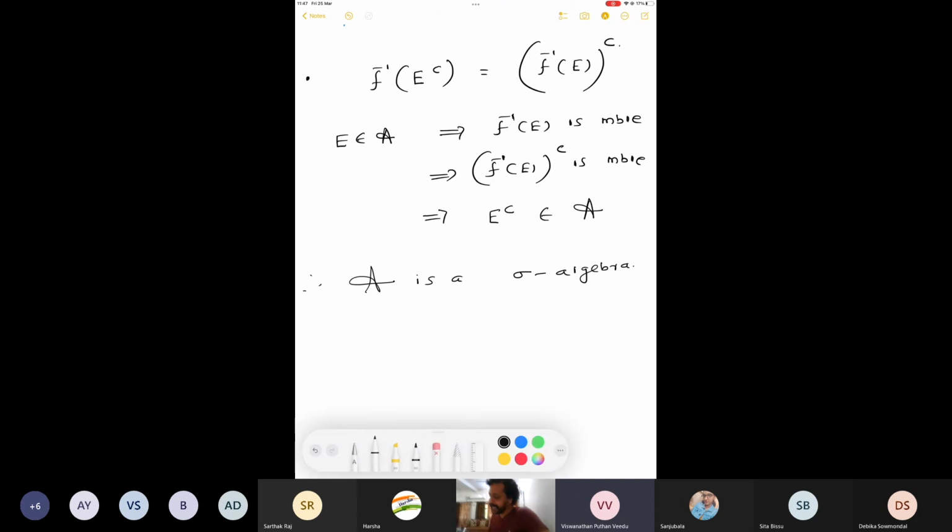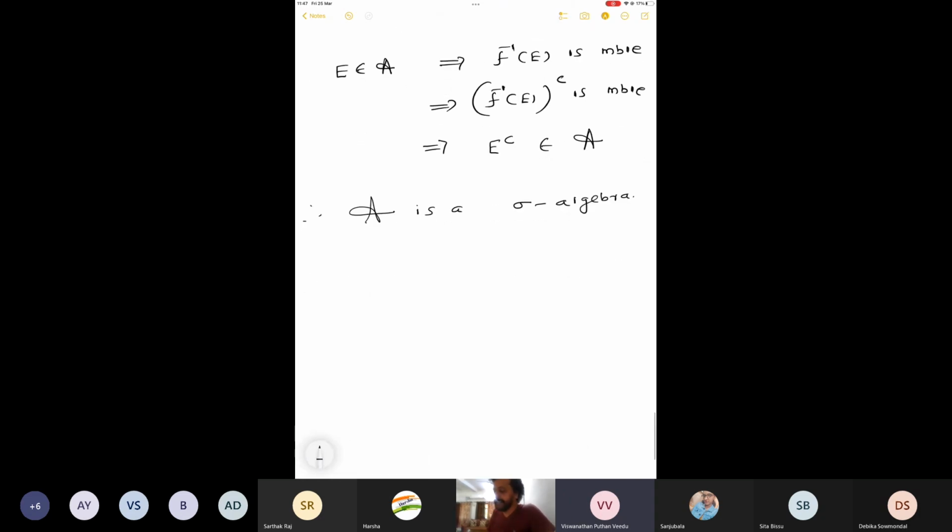Now I claim that A contains all intervals, more precisely all open intervals. That is easy. I will just show the finite case (a,b); the other cases you can similarly see. You can write (a,b) as the intersection of (minus infinity, b) and (a, infinity).